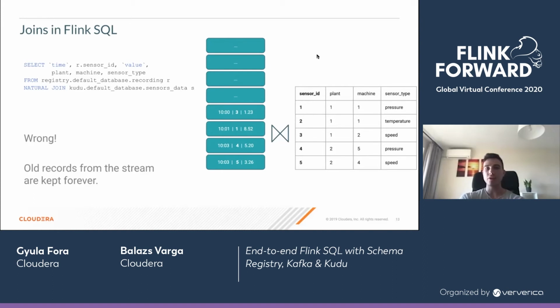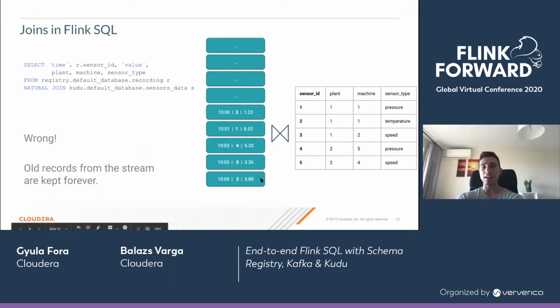And if we perform this natural join, each row is matched with each row from the other table. So let's see through an example what happens when a new record comes in from Kafka. So this new record comes in, and then it will try to match it with all 5 rows in the sensor IDs table, or the enrichment table.